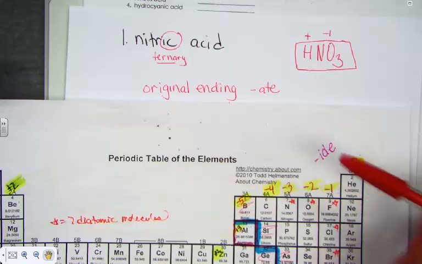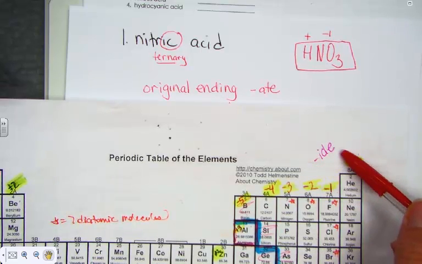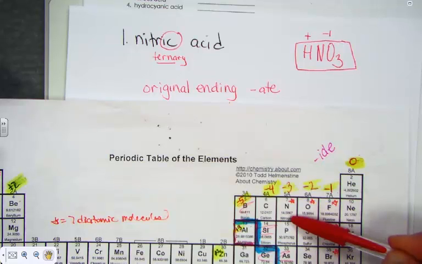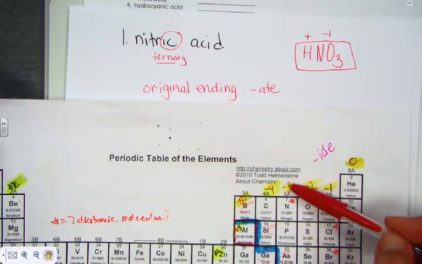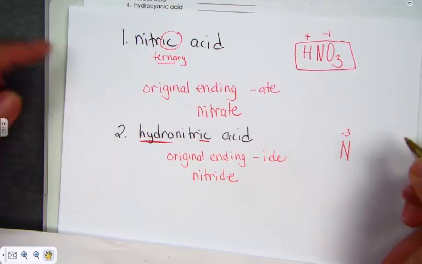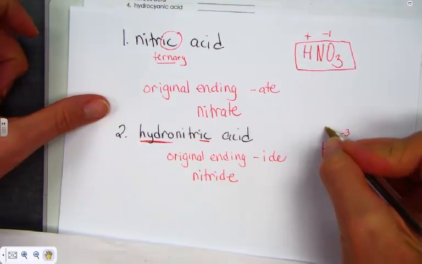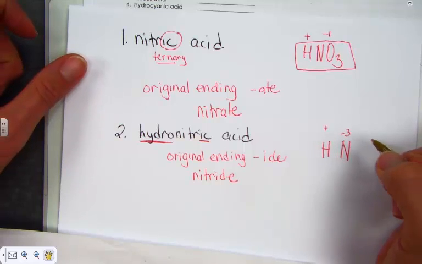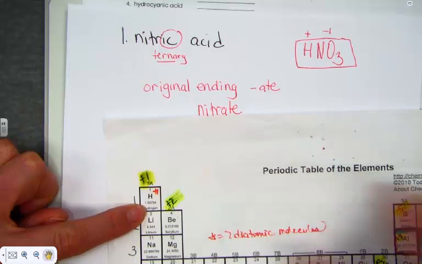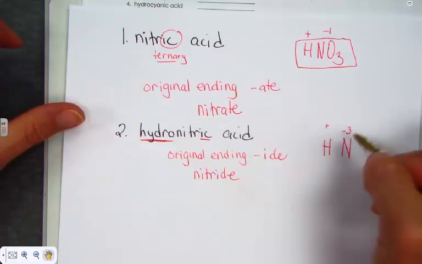Nitride, see these ide endings? They're coming from the front side of our periodic table. Nitride, N-3. So the beginning here, we've got set with the negative. Acids always start with hydrogen. If hydrogens are +1s, and we know that from where it lives, H's are always +1s.